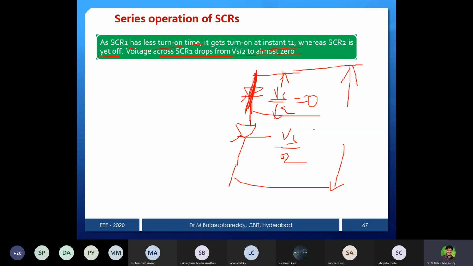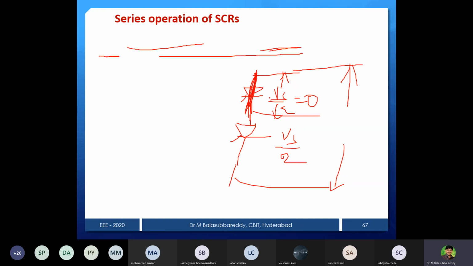Anybody answered this question? Initially both devices are in open state. They are blocking Vs by 2 and Vs by 2, and I am trying to turn on the device. The first device turn on time is less, that's why it will turn on first. Once it is turned on, the voltage across that will be 0.